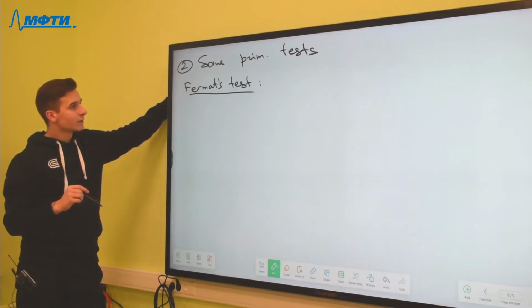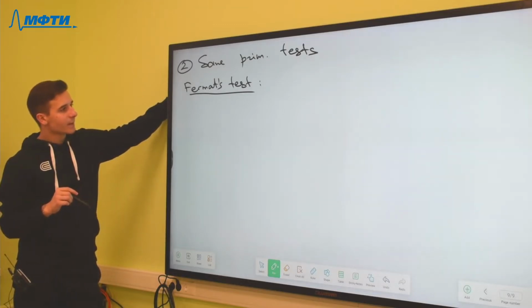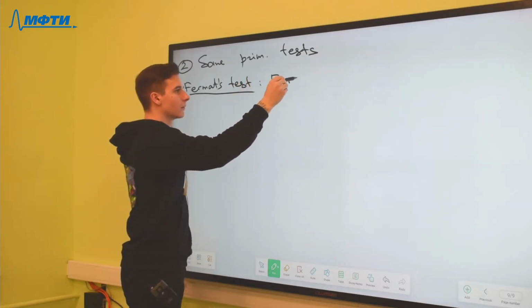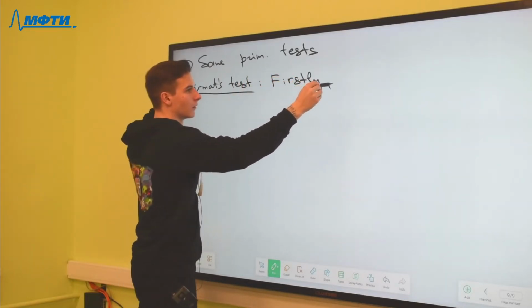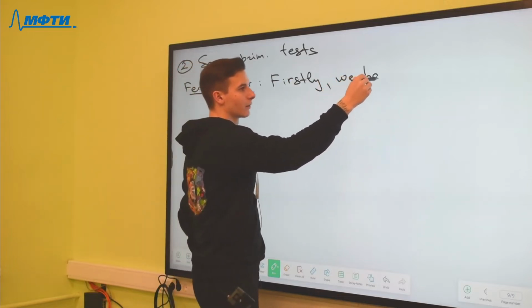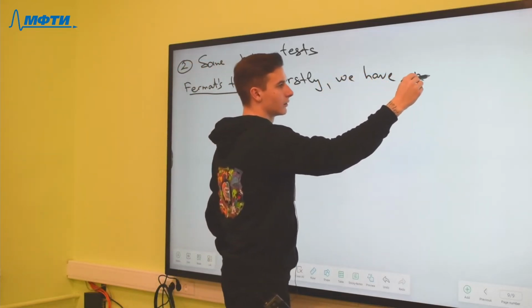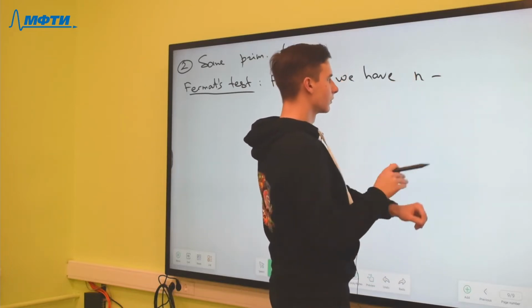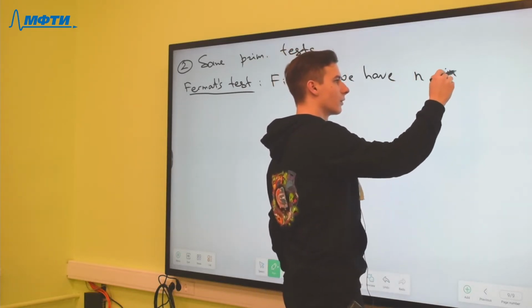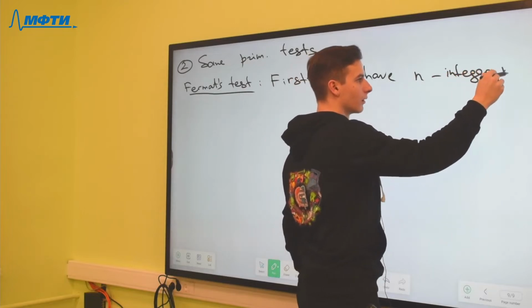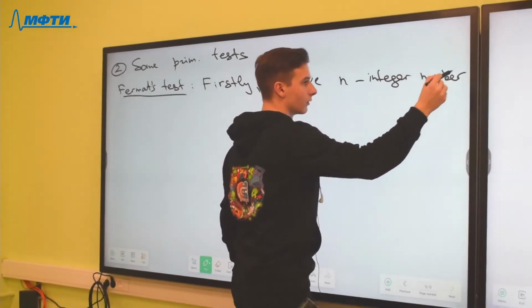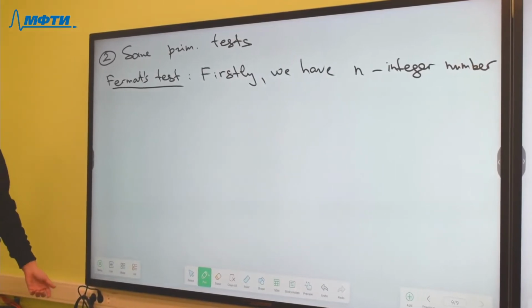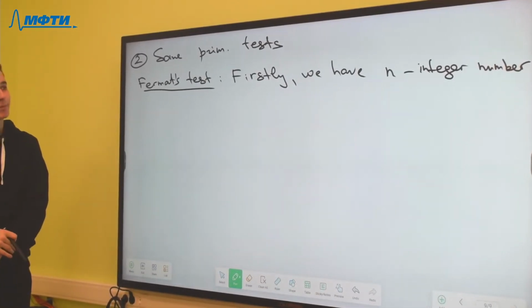What is the working of this test? Firstly, we have an integer number n. And we want to know, is it a prime number or not?